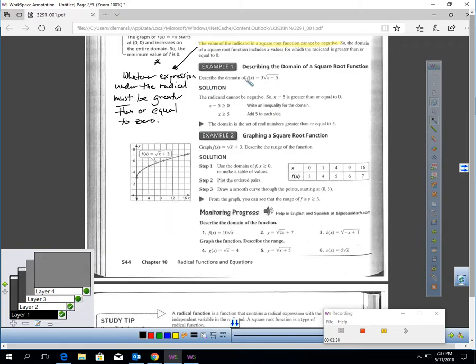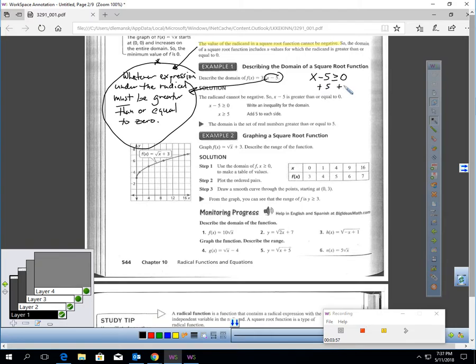Okay, so let's look at the sample. Describe the domain of f of x equals 3 times radical x minus 5. So x minus 5 must be greater than or equal to 0 because I have to have 0 or a positive number to take the square root of. So let's find the domain.